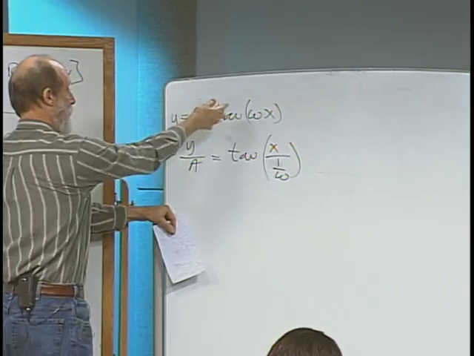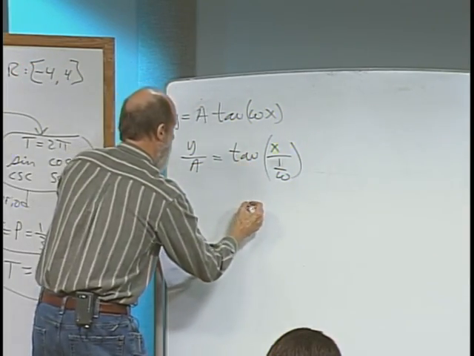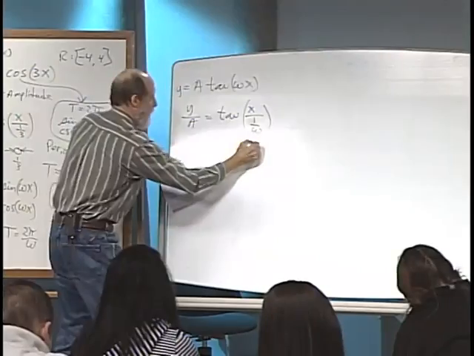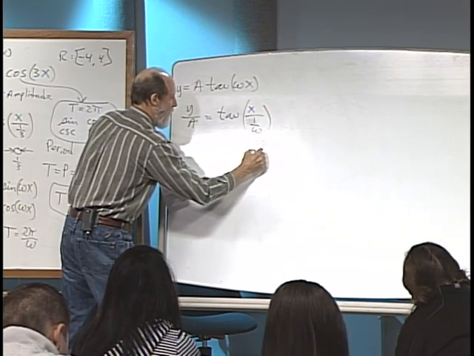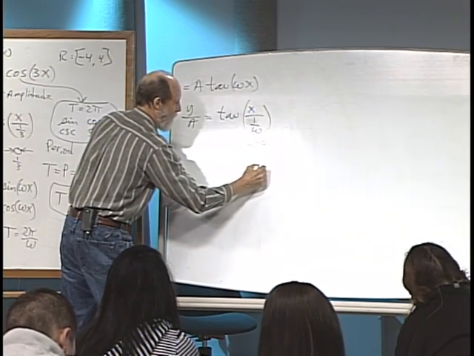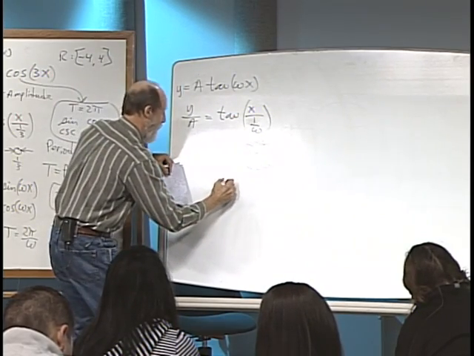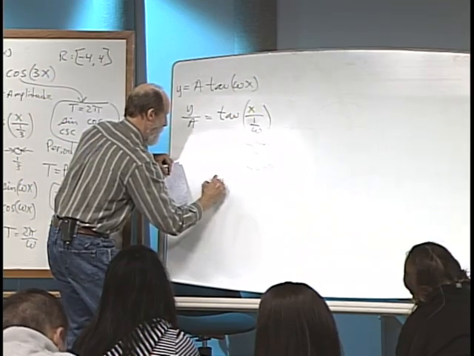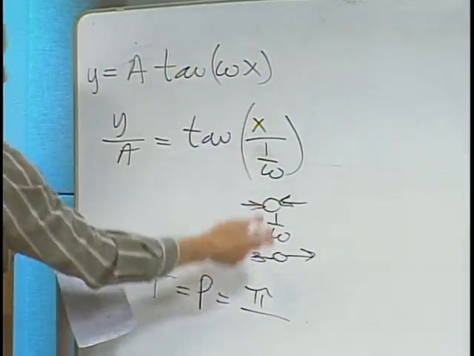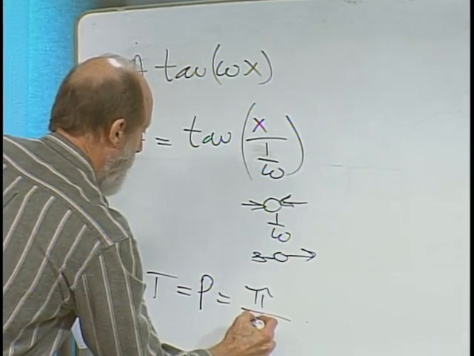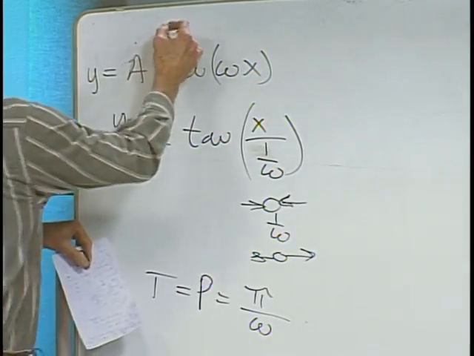Same transform structure. And so this is going to cause a squeeze or a stretch by a 1 over omega factor. You might stretch it depending on the value of omega, one or the other. And so the period is going to be the fundamental period of tangent, which is pi, over the omega. Okay. And same thing if that was a cotangent model.